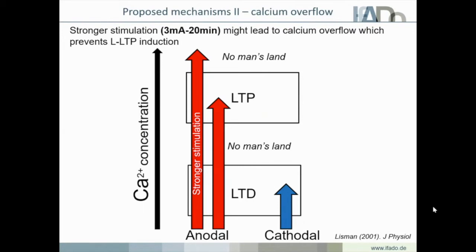So you can see over here, with the right amount of calcium, anodal tDCS can lead to LTP-like plasticity. But with the stronger stimulation, you are ending up in a no man's land where, according to Lisman, you are either going to get no plasticity at all, or you are going to get a reverse of LTP.